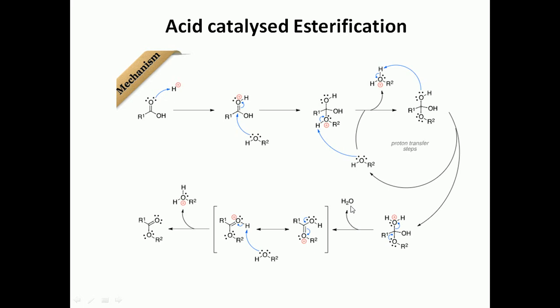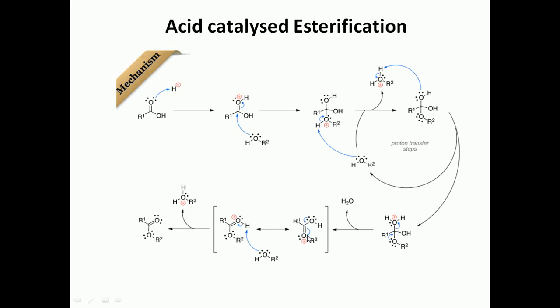See, water has been lost from here, and when this group leaves with the electron pair, you can see the curved arrow coming on this oxygen, so this leaves and this carbon becomes positive. As soon as this carbon becomes positive, the lone pair from this oxygen shifts over here and forms a double bond.